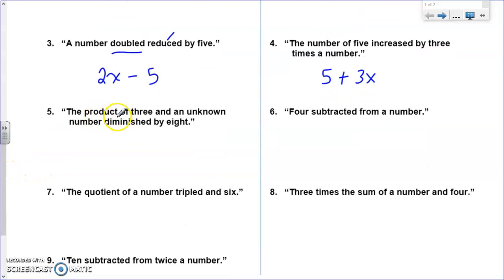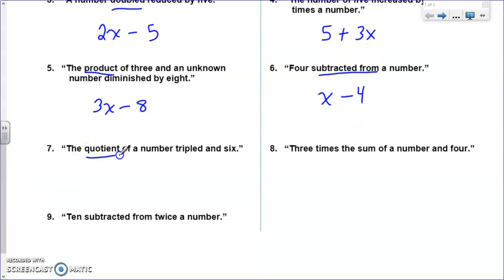The product, so product means multiplication, of 3 and an unknown number diminished by 8. 4 subtracted from, so there's that word from, so that means the 4 is going to go after, so x minus 4.